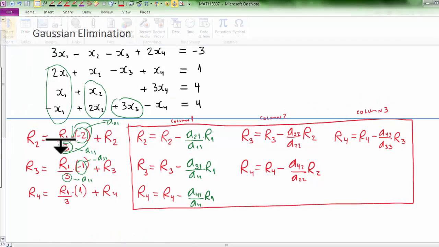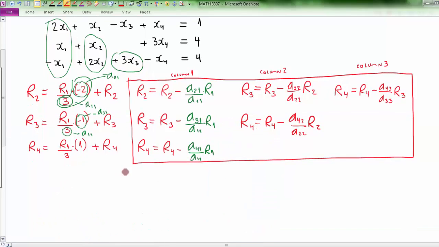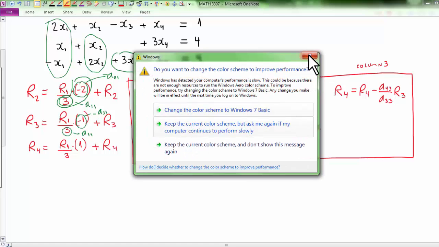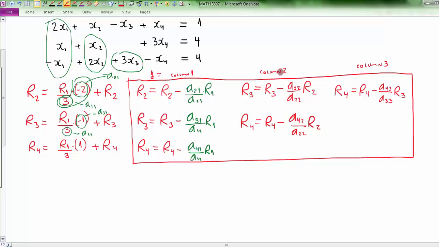All right, so let's put that in an algorithm. There's a loop. The main loop, we can use here the variable j. j will be from 1 all the way to 3, which is the number of variables minus 1. While we are at each column, we go from row 2 to row 4 if j is 1, or from row 3 to row 4 if we're in column 2.